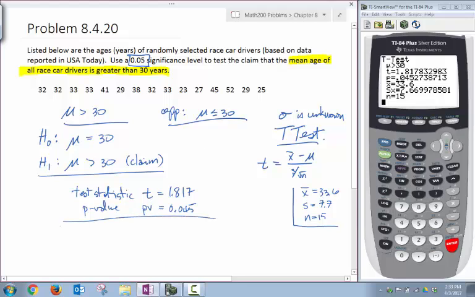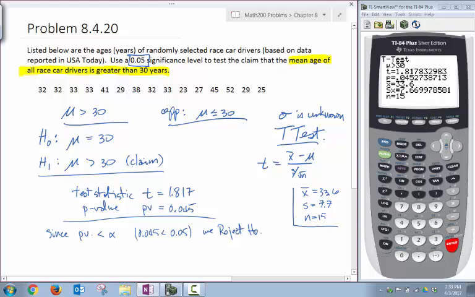It looks like this is less. So since the p-value is less than alpha, that is 0.045 is less than 0.05, we reject the null hypothesis.